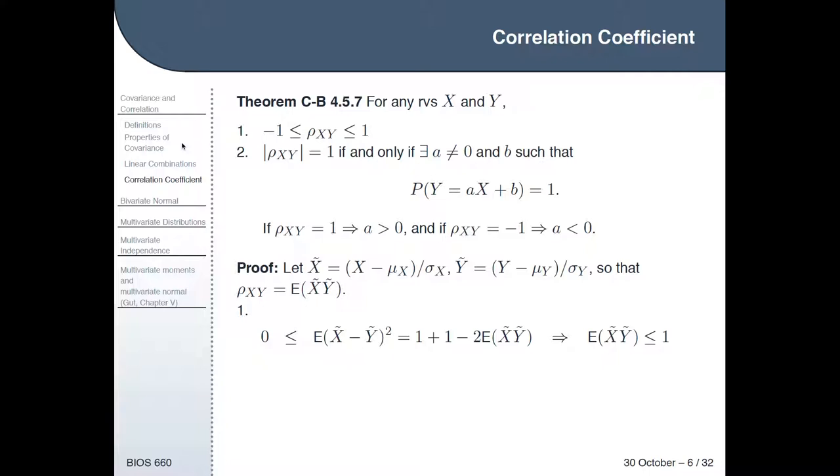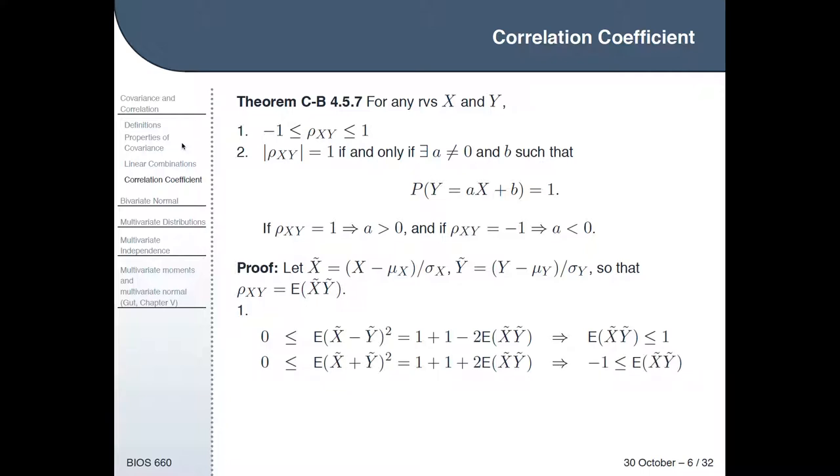Based on the way we set this up, the expected value of x twiddle squared and the expected value of y twiddle squared are both equal to 1. We end up with 2 minus 2 times the expected value of x twiddle y twiddle is greater than or equal to 0, which of course implies the expected value of x twiddle y twiddle is less than or equal to 1, so the correlation is less than or equal to 1.